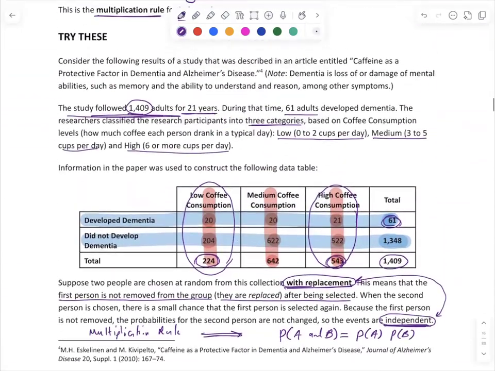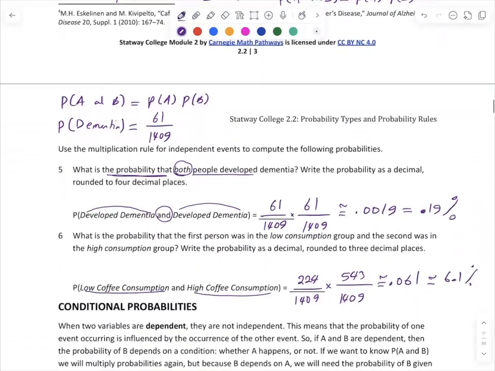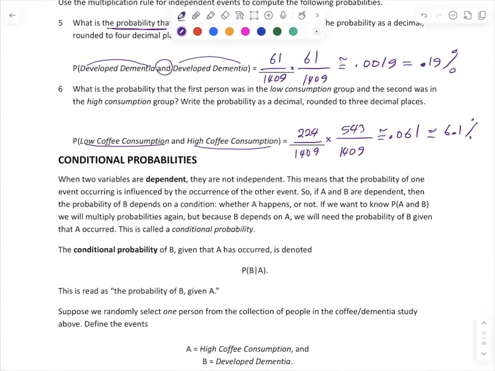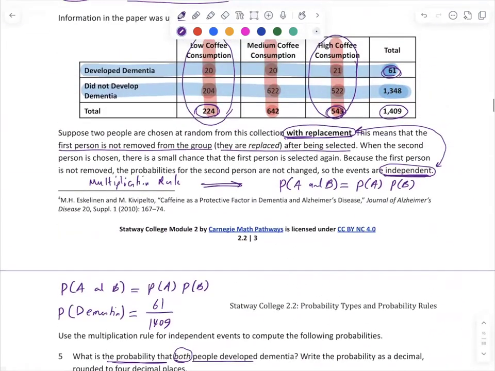So far we talked about joint probability, marginal probability. Now we're going to jump into the most important probability, which is conditional probability. When 2 variables are dependent, now we are moving away from independent events. When you have independent events with replacement, it means that we are using multiplication rule.